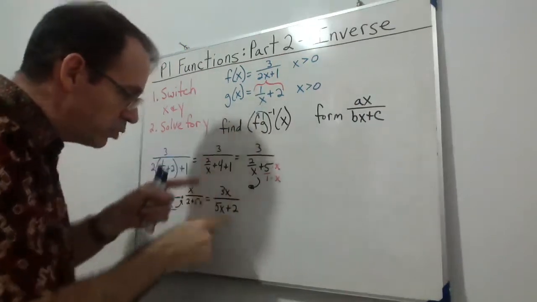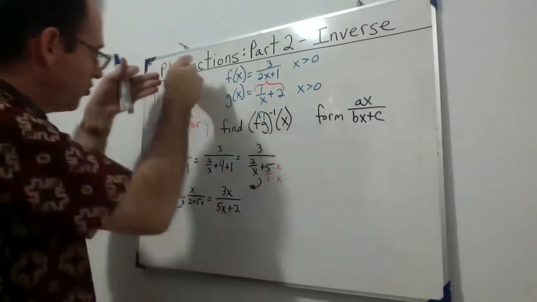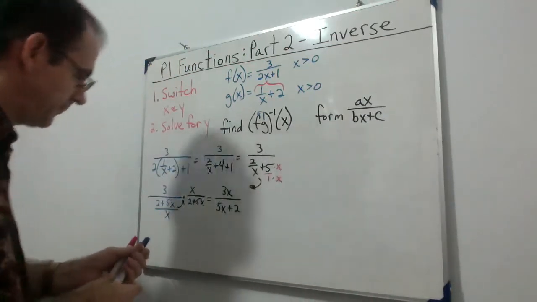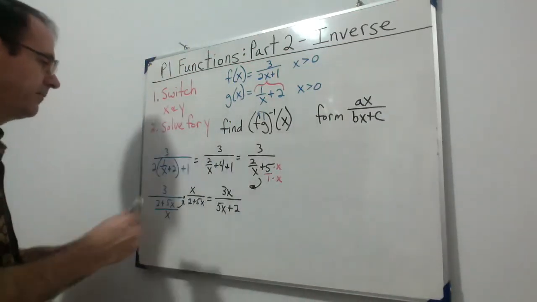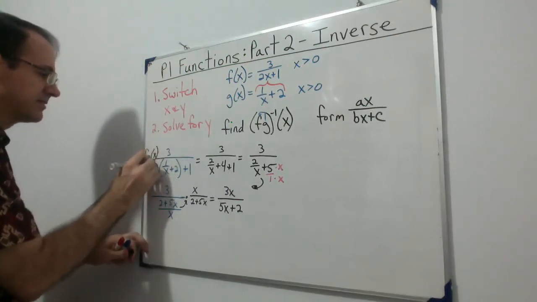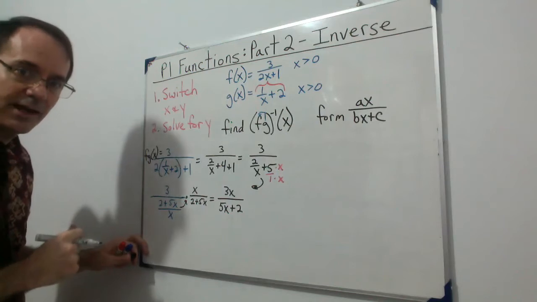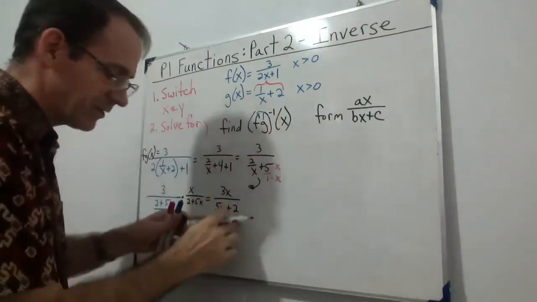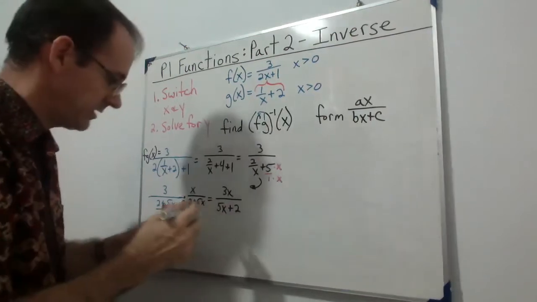So then you can move from here right into our inverse. Now that we have our composite function, which by the way is our f of g of x, we want to find the inverse of our composite.